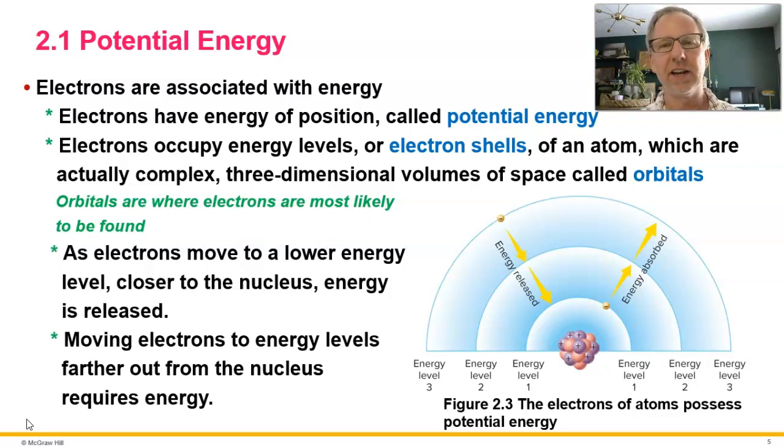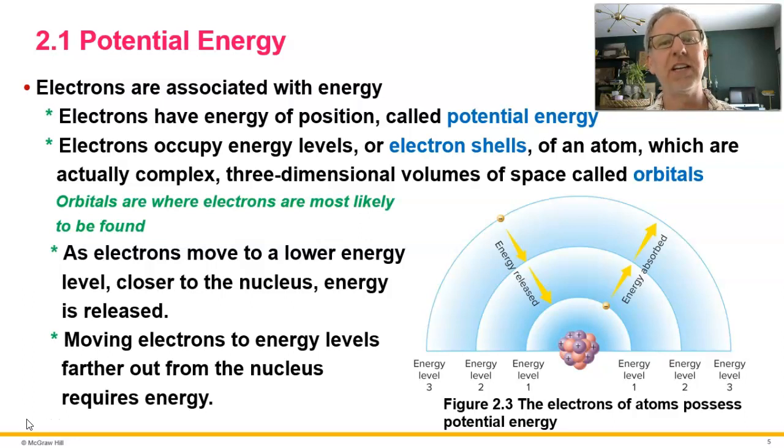And the energy that life taps into for growth, movement, reproduction, all these kinds of things, is located in the electrons of atoms. So any understanding of how organisms use energy in biology requires one to dive down at some point to the level of atoms. And that's what we're doing right at this moment.